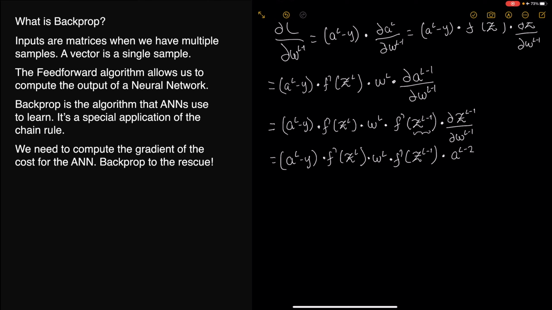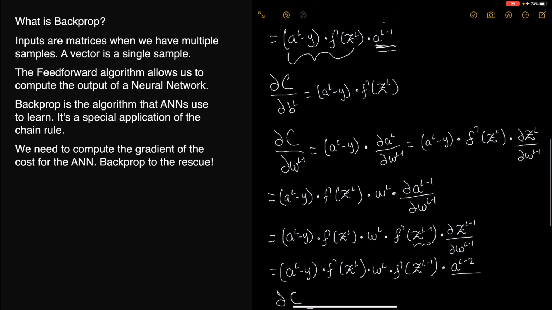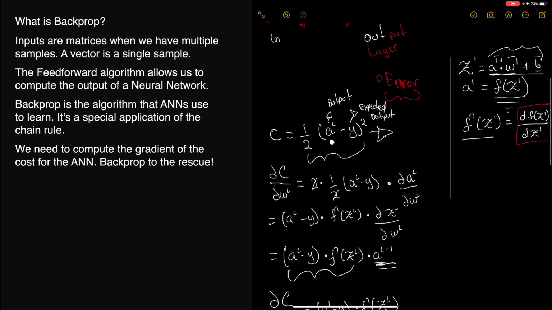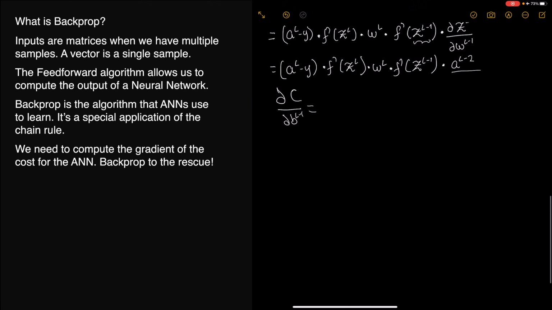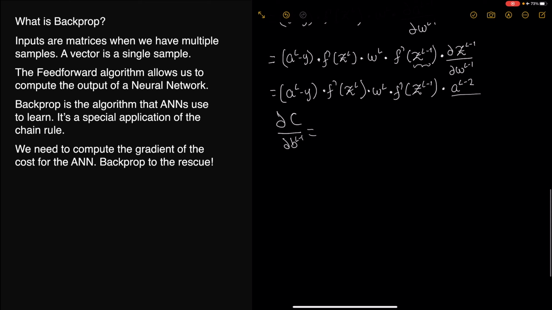And again, the derivative of the cost with respect to the L minus 1 B is going to be the same without this term, because the derivative of B to the L minus 1 is just going to be 1. And this derivative here is going to be 0 when we're deriving with respect to B, right? Because these are just being added. This is a constant that's being added when we're deriving with respect to B to the L minus 1.